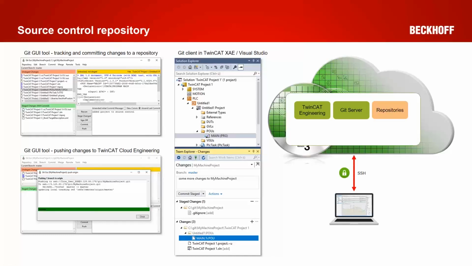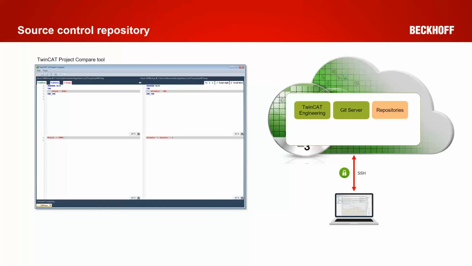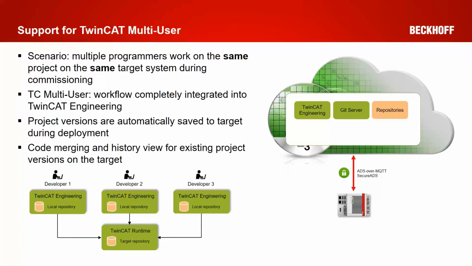So different kinds of possibilities, depending on your personal flavor and your application scenario. Of course, we also have our own project compare tool where you can compare TwinCAT projects or check different commits to a Git repository and see what has changed, who has done the change. Maybe you want to revert the change. So there are also tools available within TwinCAT for years that you can use for that.